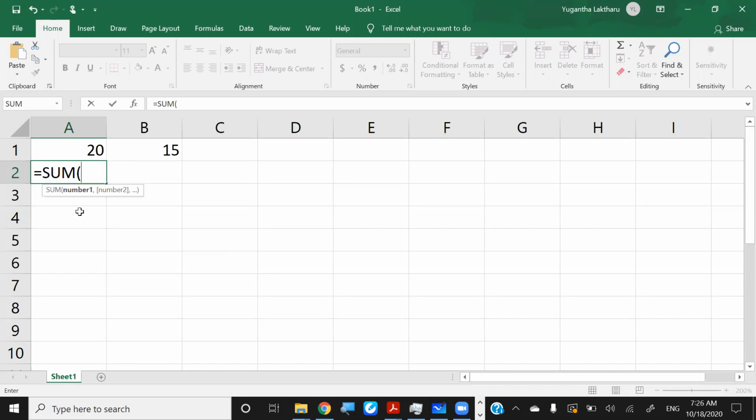That's the way I'm going to calculate the difference between A1 and B1. When using the sum function, we can give A1 as a reference, and since we need to subtract B1 from A1, we need to use the minus sign with B1. So minus B1 should be there.